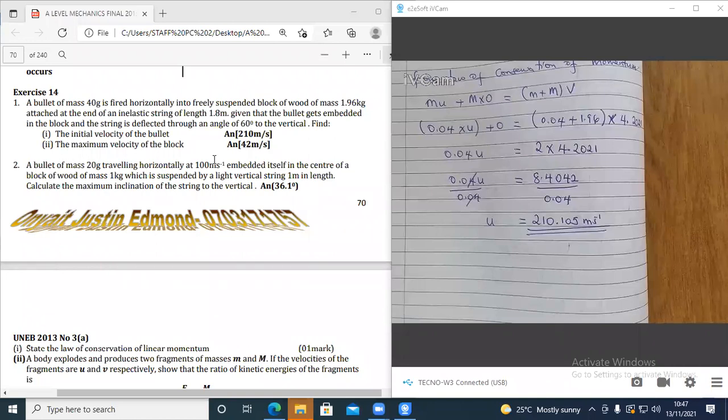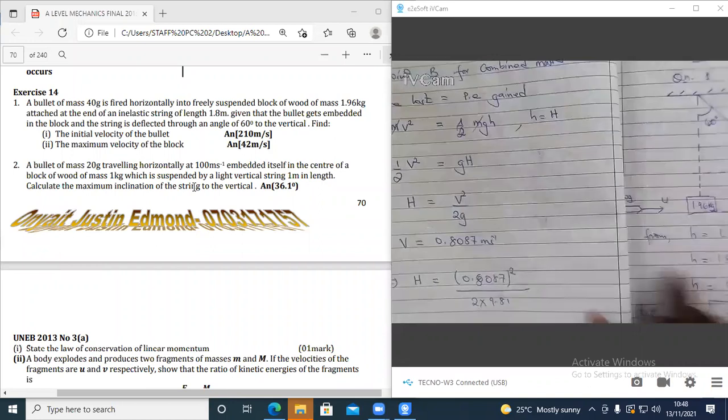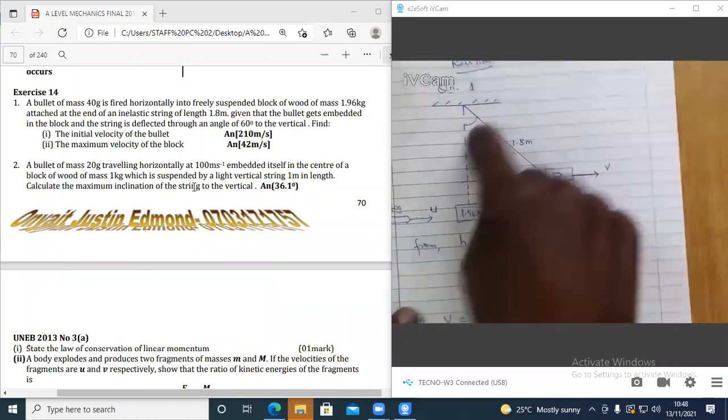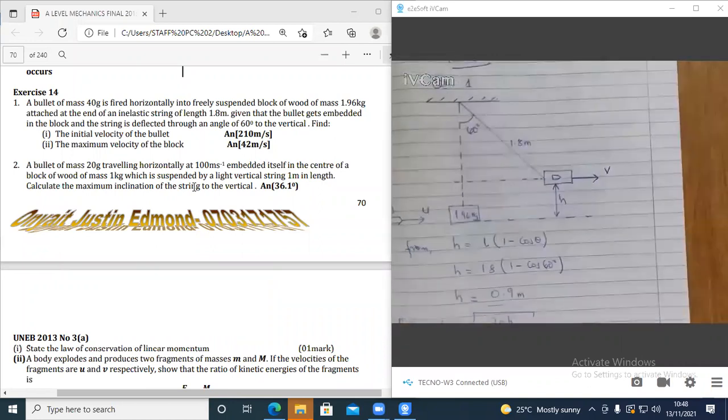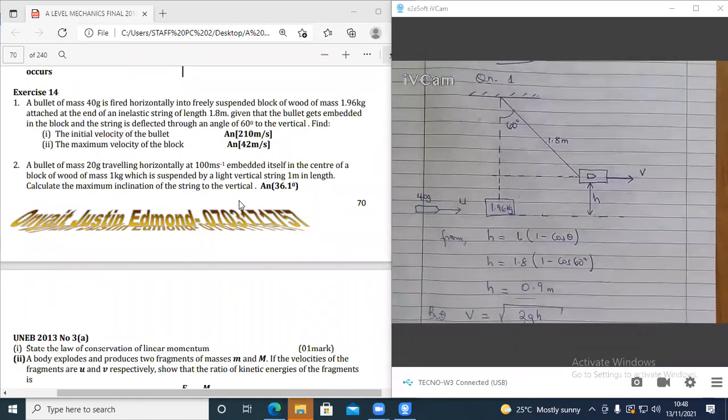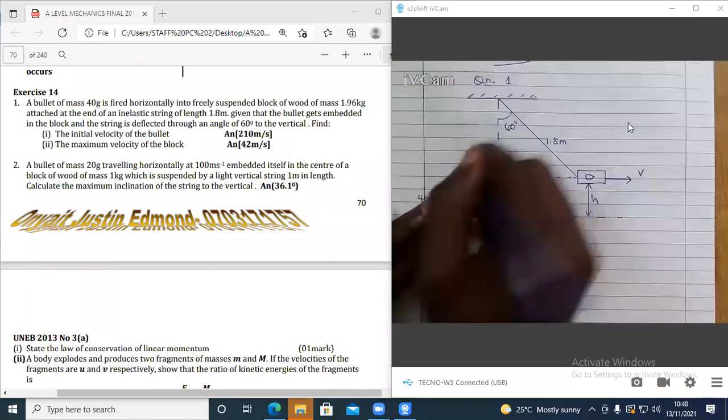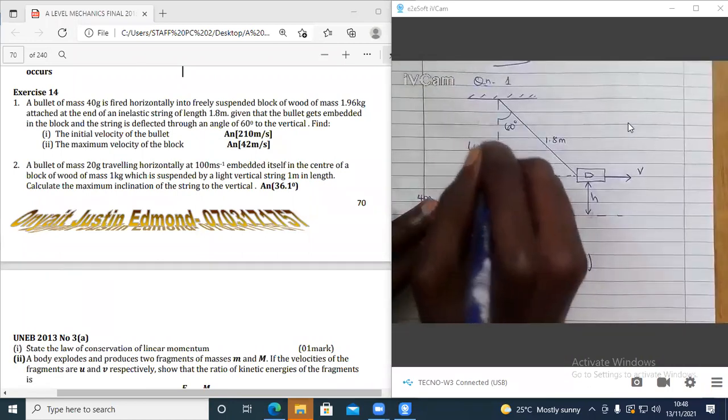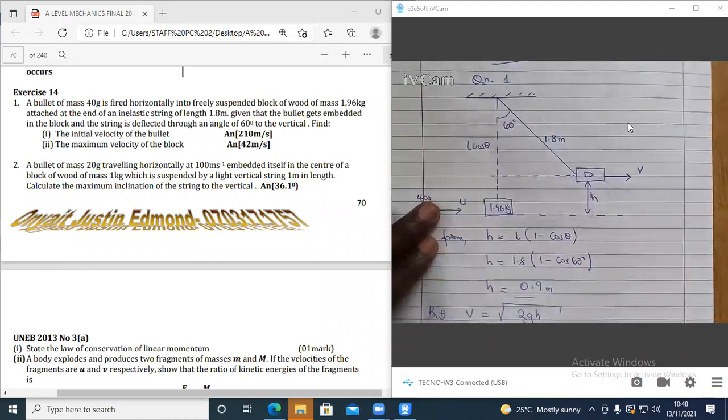So in question 2, they want you now to find the angle theta, the angle of the swing. So they want you to find this angle here. I remember explaining to you how we get that angle. So how are you going to get that angle, Brenda? We said this one is L cos theta.